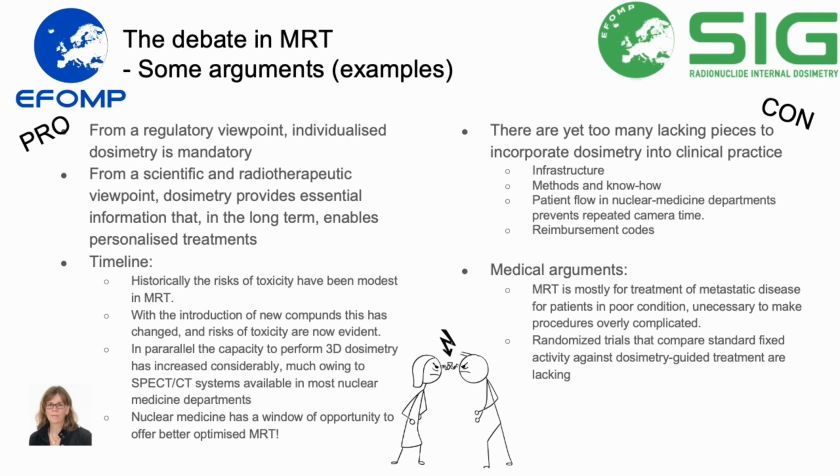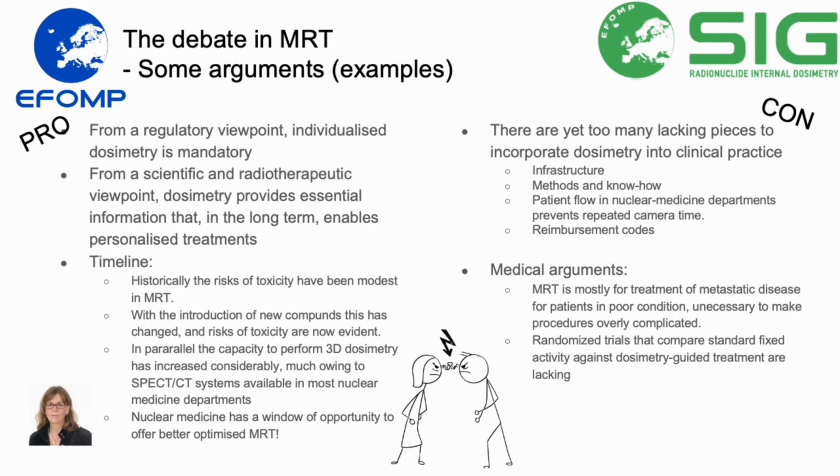From a scientific and radiotherapeutic viewpoint, dosimetry can provide essential information that in the long term we believe will enable personalized treatments. And if we look at the timeline, historically the risk of toxicity has been modest in MRT. But with the introduction of new compounds, this has changed. The risks of toxicity are now more evident.